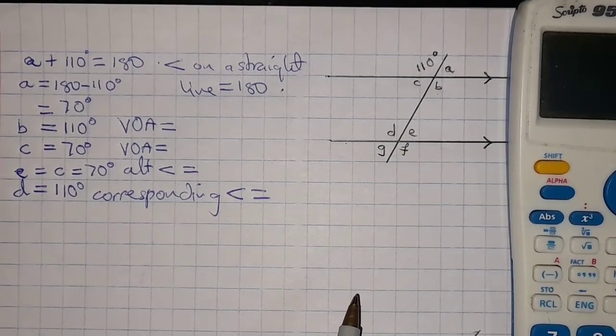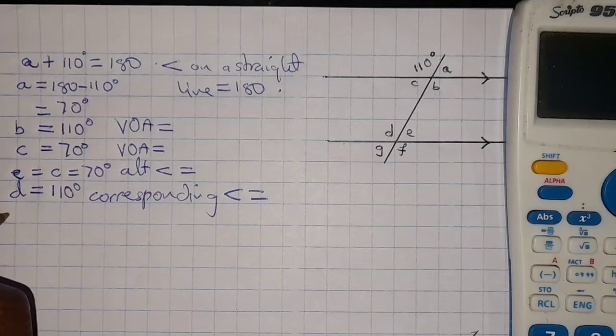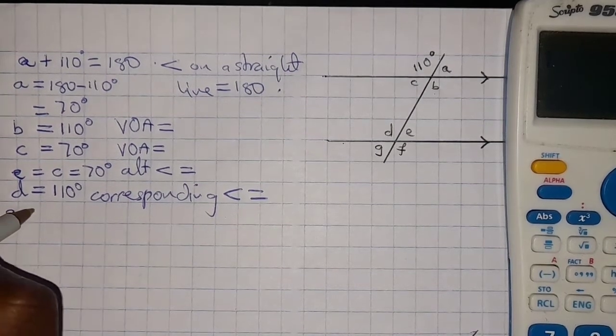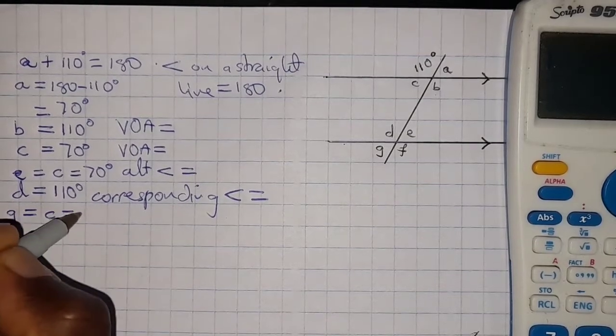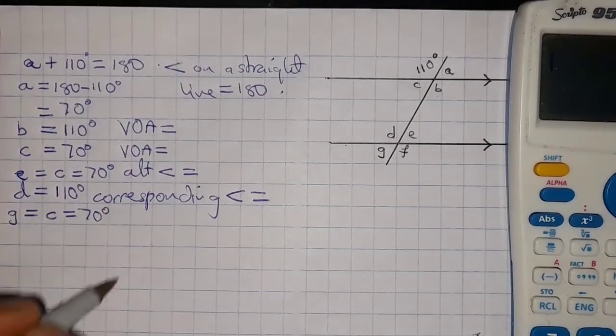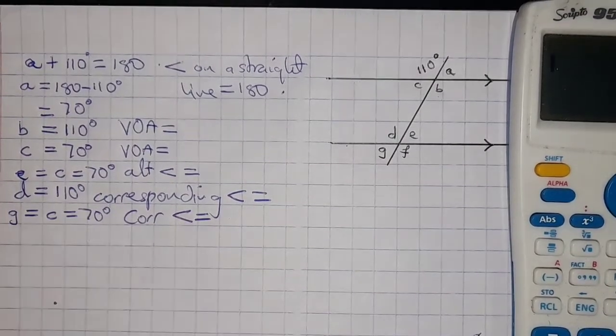We can look for other angles which are corresponding to each other. I have G is equal to C, so it's equal to 70 degrees. Corresponding angles are equal.